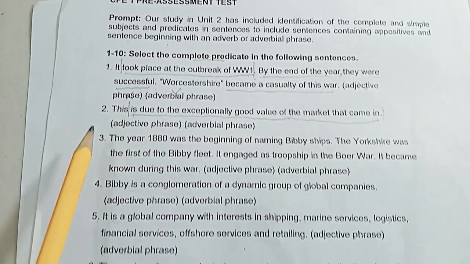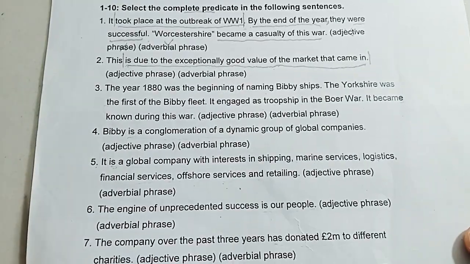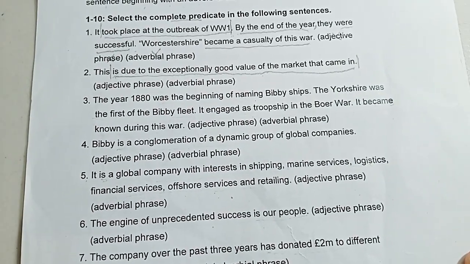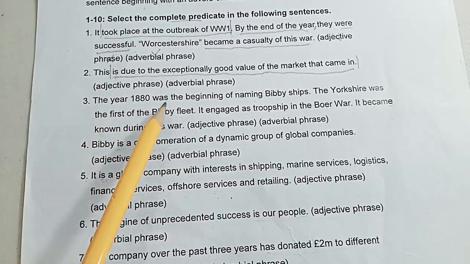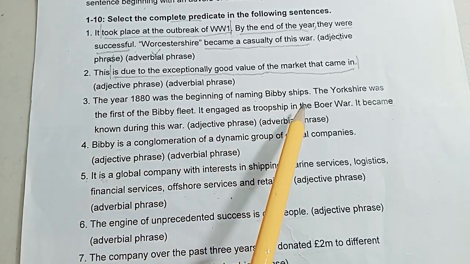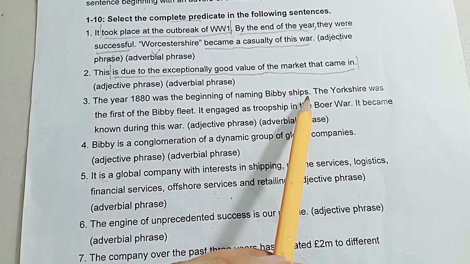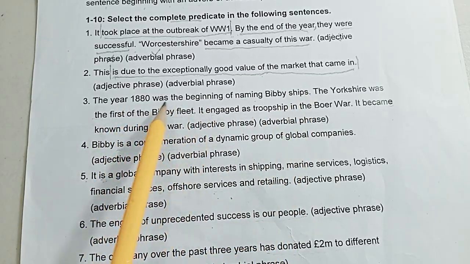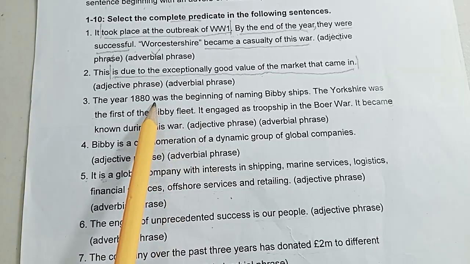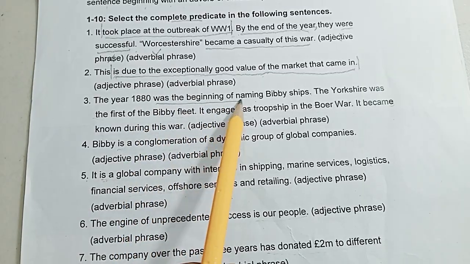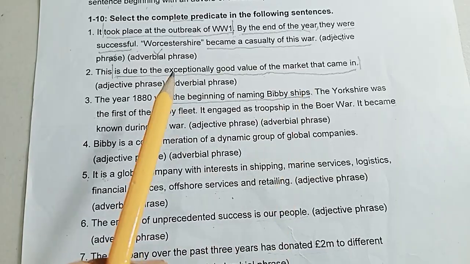Next, the year 1880 was the beginning of naming baby ships. Then you have a period. So let's get the complete predicate for this sentence. Okay, so start with the verb up to that word.